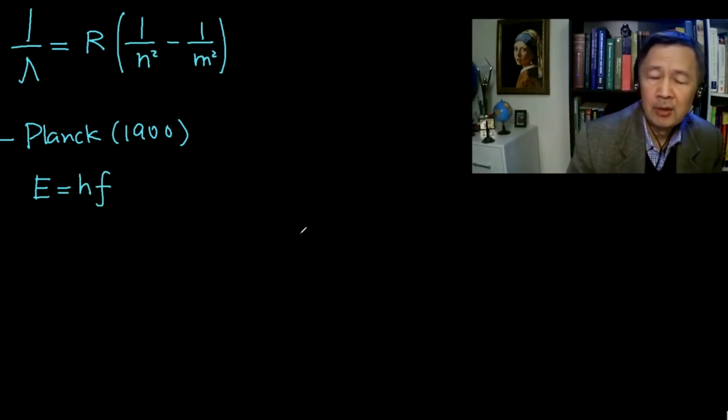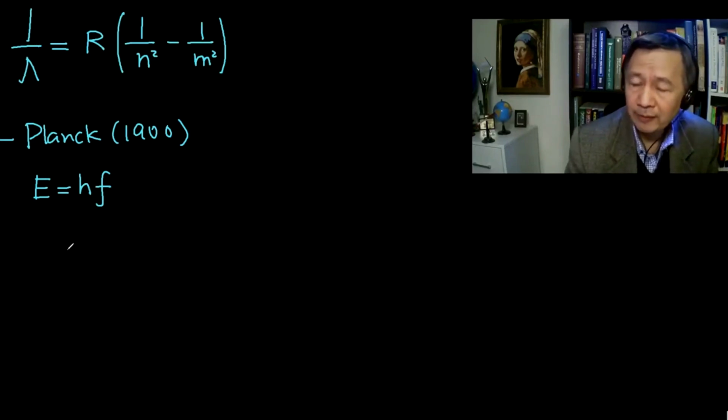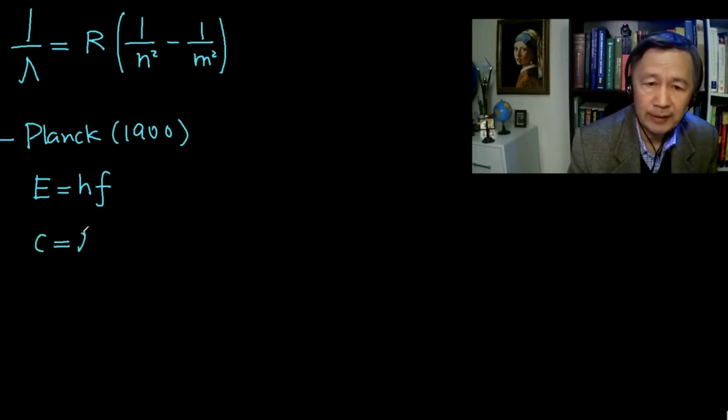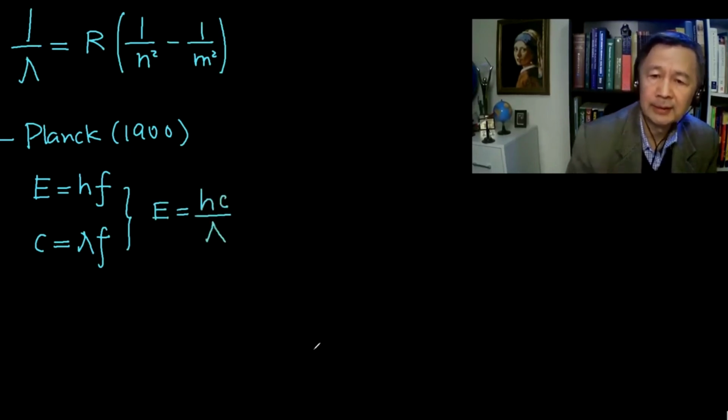Now, from the simple wave relation, we know that for visible light, the speed of light c can be written as the product of the wavelength and the frequency, right? If you combine these two formulas, we get the energy formula for the photon: E equals h multiplied by c divided by lambda. And h and c are constants.